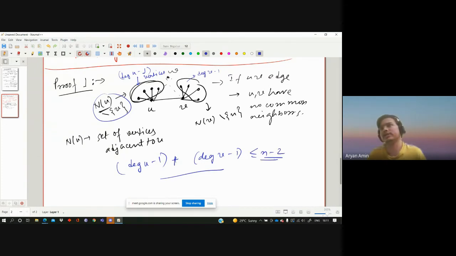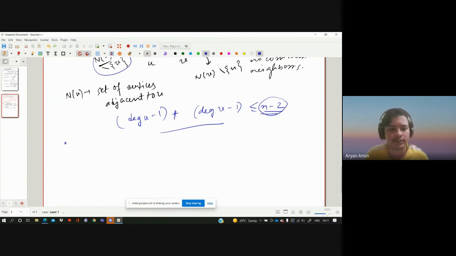because this is the worst case. Suppose there were 5 vertices here, and suppose this was your u and this was your v, and suppose there was a common neighbor.